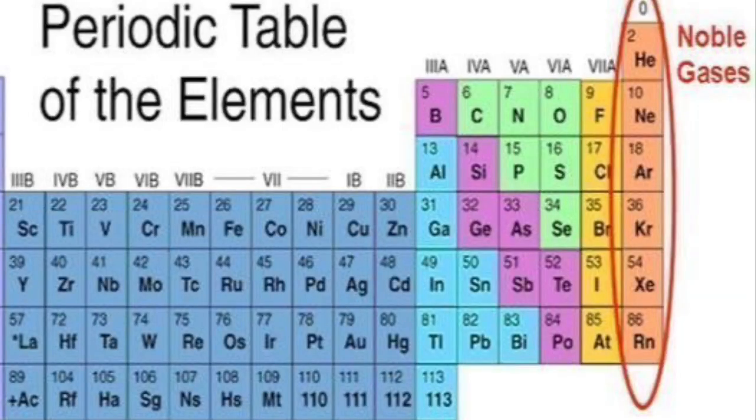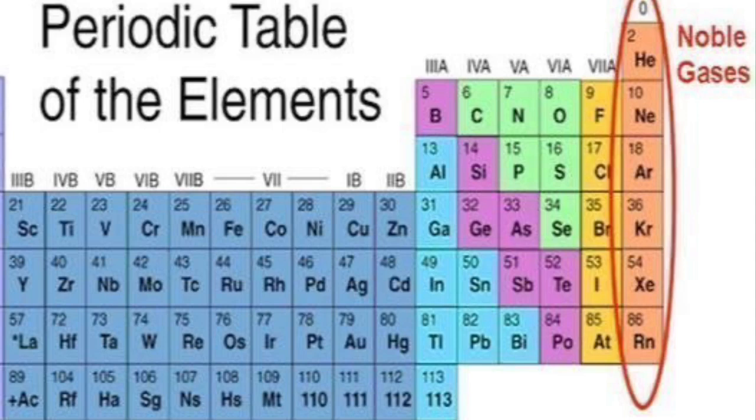If 99% of the air is nitrogen and oxygen, what's the other 1%? Well, let's take a quick look at the periodic table of elements. The right side are the noble gases. They're called noble gases because they don't react with any other element.